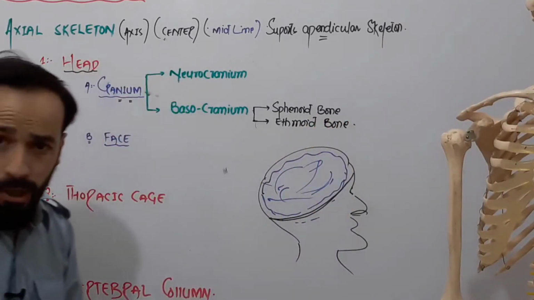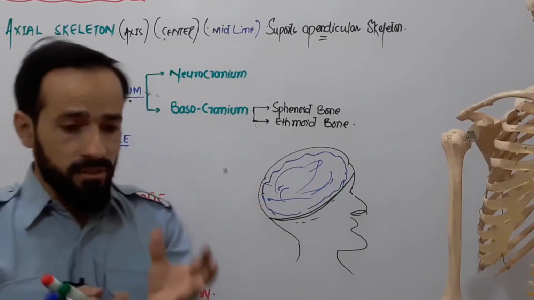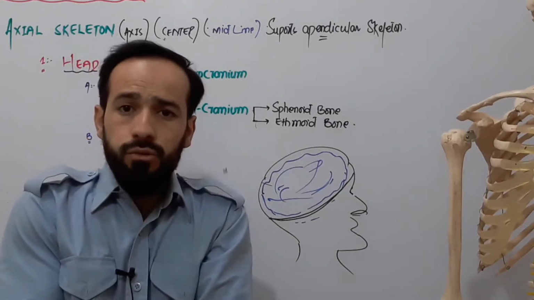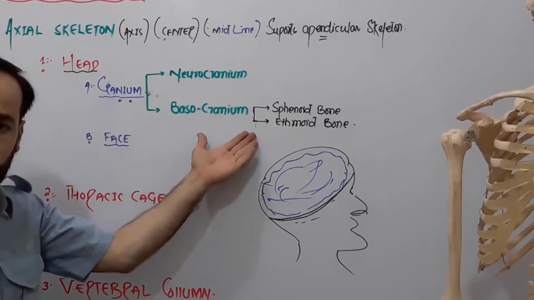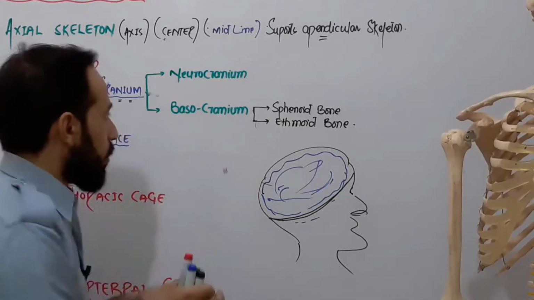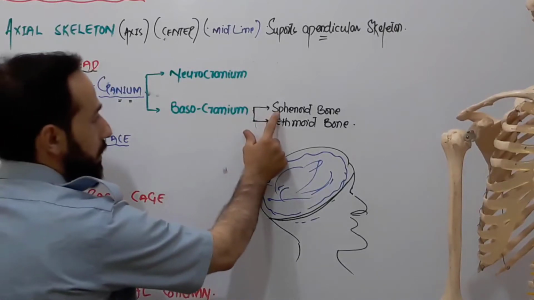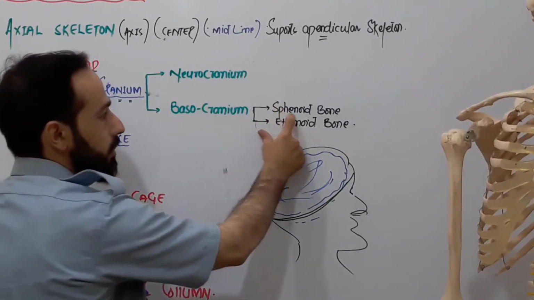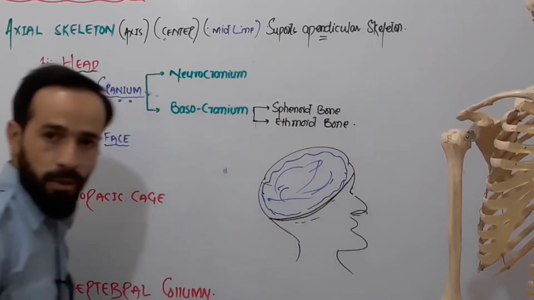While I discuss the skull bones, I will show you the sphenoid and ethmoid bone each. Here we are just classifying the bones, the skeleton, right? So your Bezocranium comprises how many bones? Two bones, the sphenoid bone and the ethmoid bone.